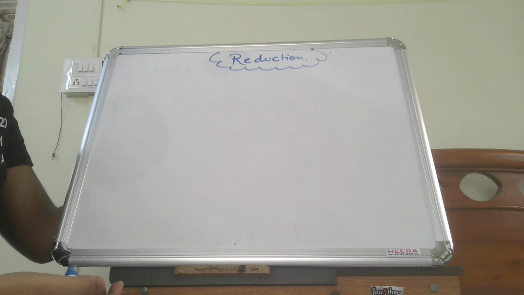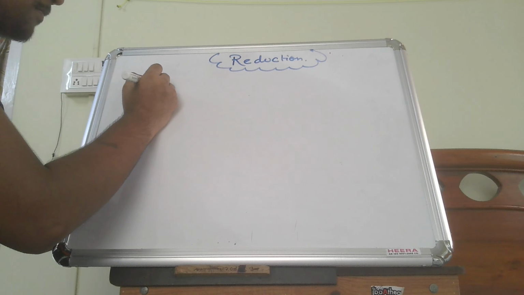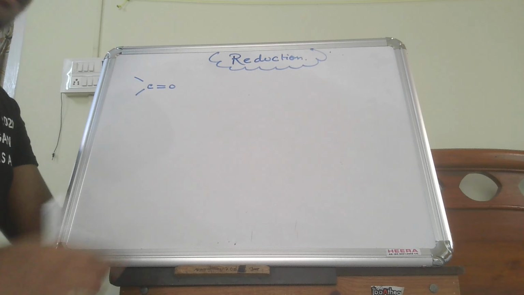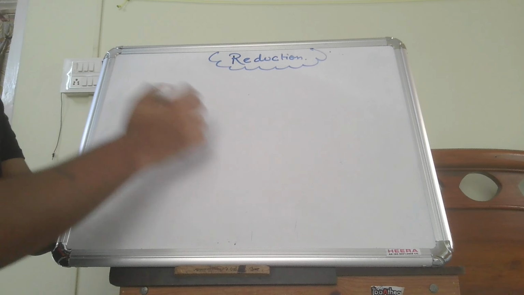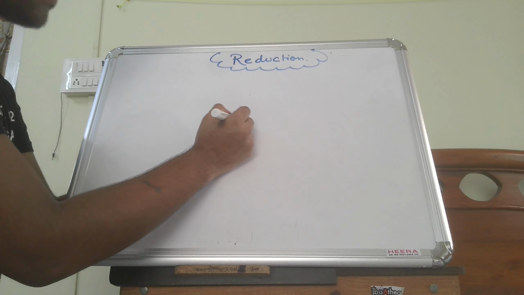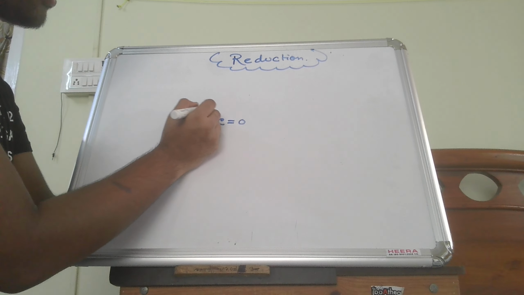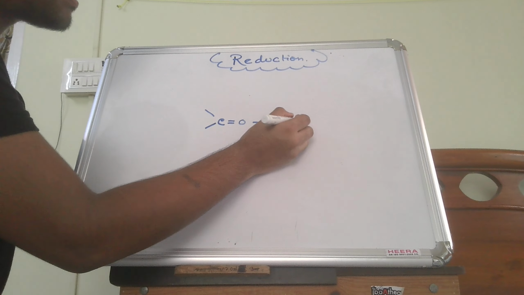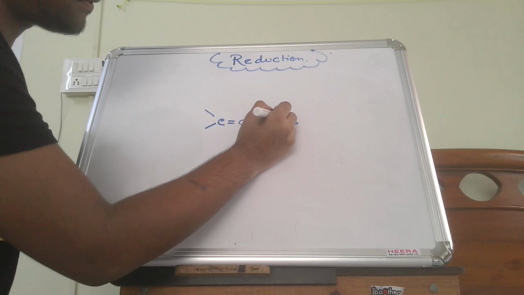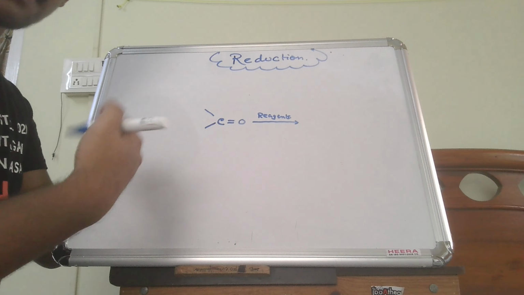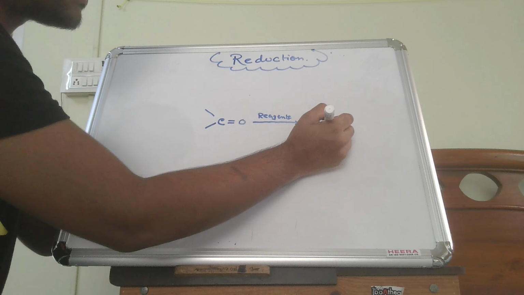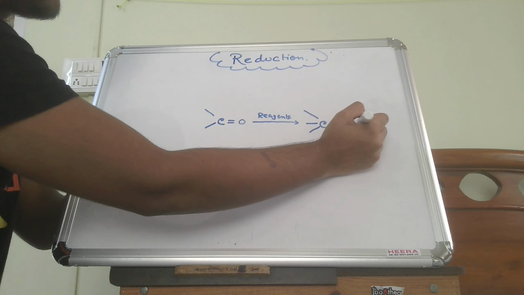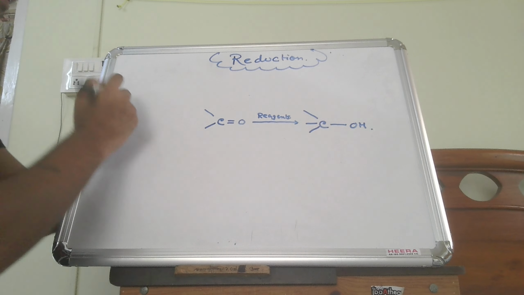So what do we do in reduction? In reduction, suppose there is C double bond O. What we will be doing here is using reagents to make it C-OH.